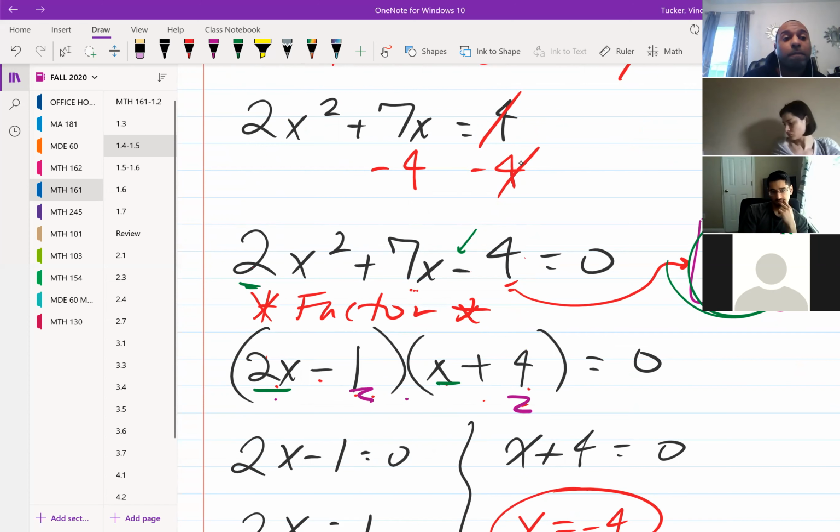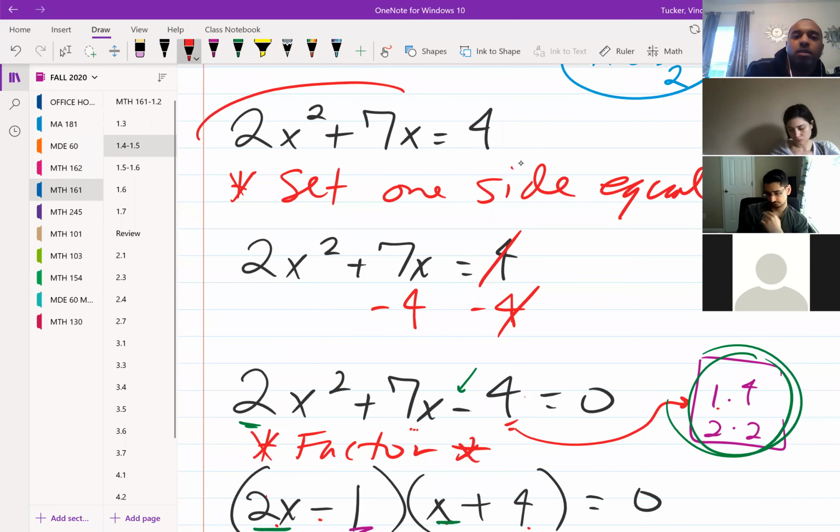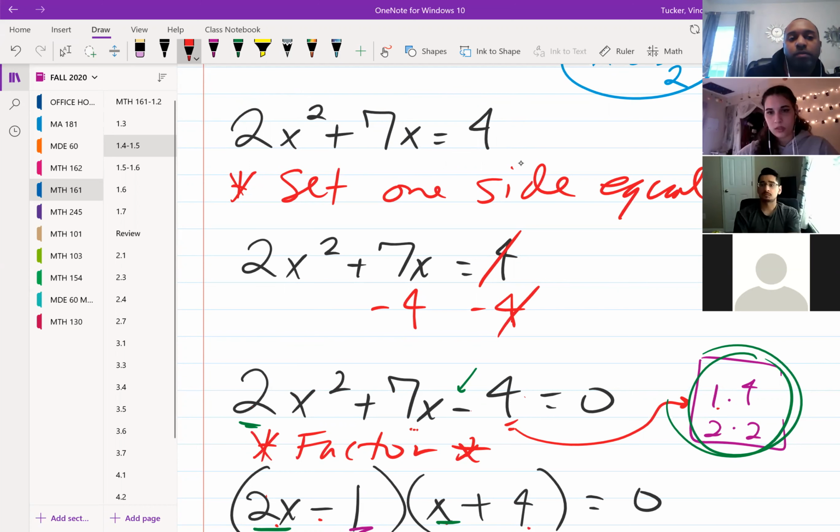Was that a question? Yeah, sorry. The top where it's 2x squared plus 7x equals 4, what is that? Well, this was the original equation, and they just tell you to solve. If we're going to solve using the zero factor property, then I need to set one side equal to 0. So that's why you changed it to minus 4? Yes.